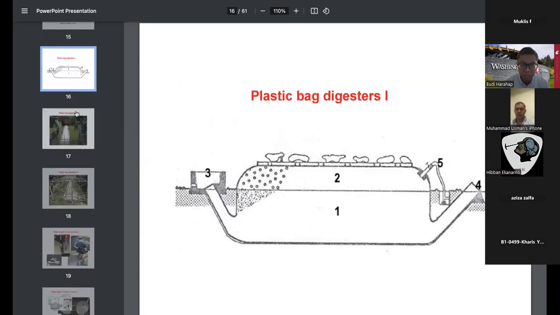So this is another common type of biogas plant. This is called a plastic or bag digester. In this type of biogas plant, the gas holder will be made of plastic, or sometimes also of rubber.